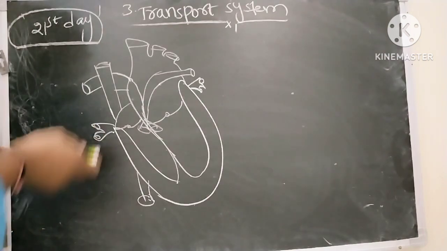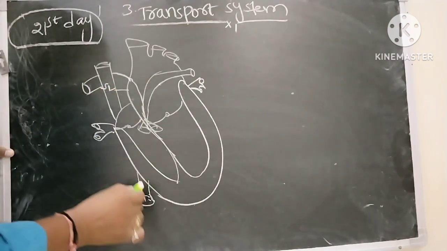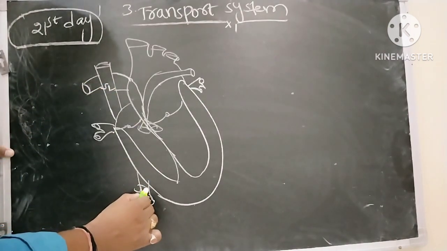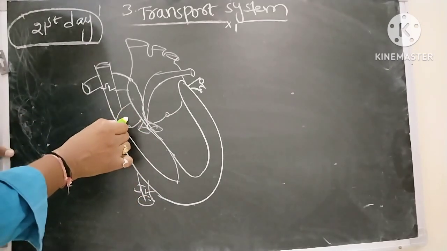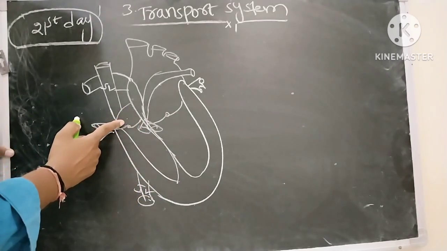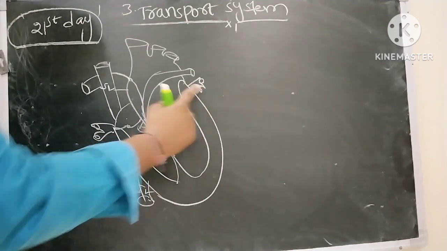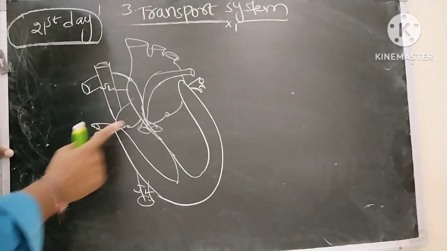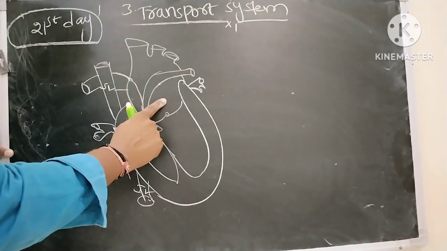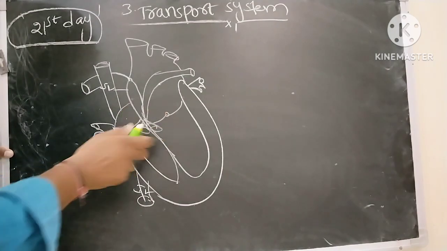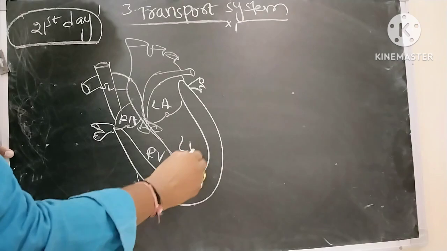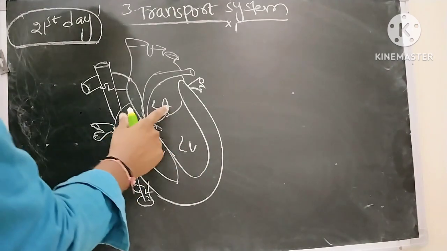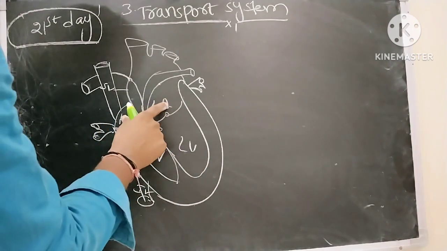First, the superior vein and inferior vein carry deoxygenated blood to the right auricle, whereas the left and right pulmonary veins bring oxygenated blood to the left auricle. This is the right auricle, right ventricle, left ventricle. Imagine these two are in a relaxed condition.